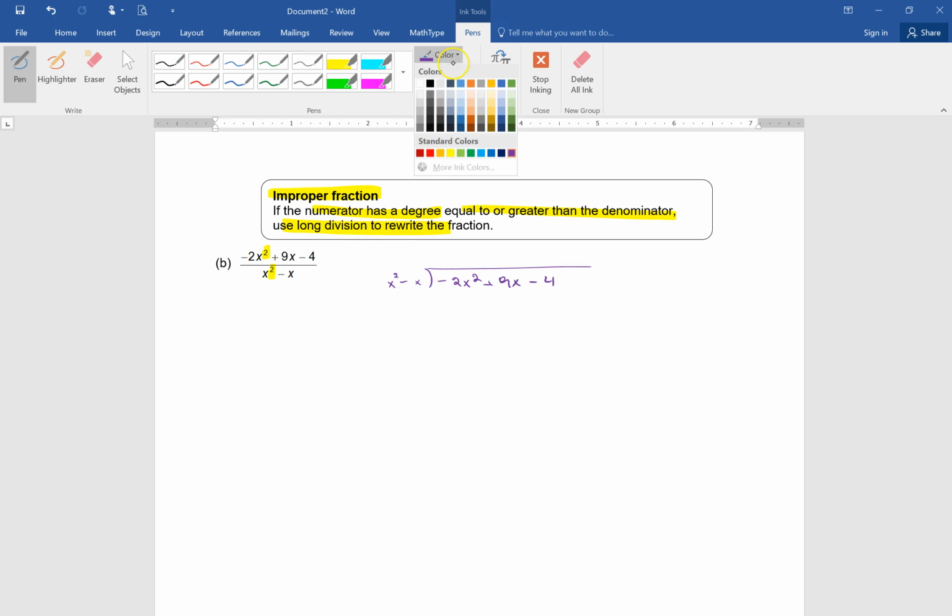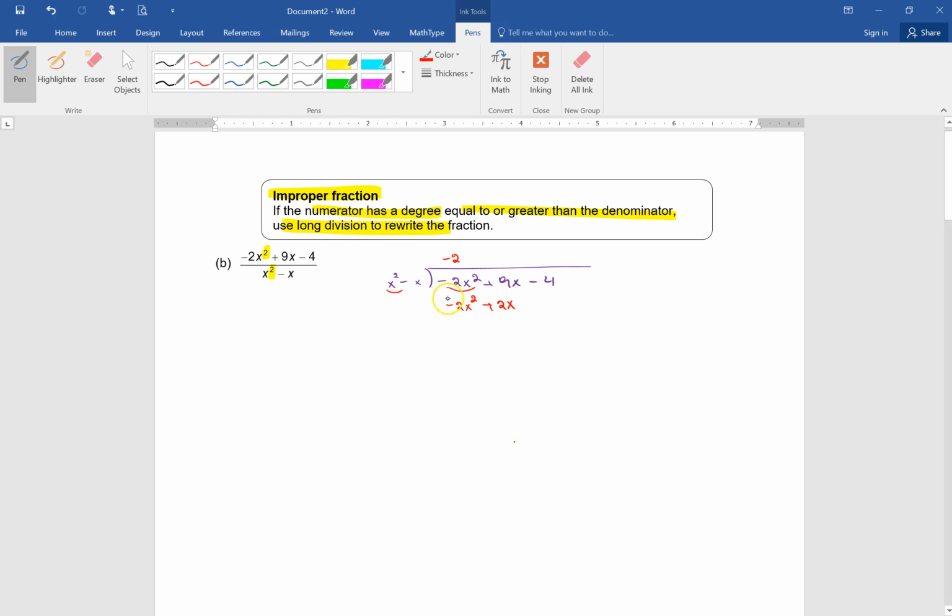So what we do is this. You take the first term here and the first term here, and you divide them. Negative 2x squared over x squared is negative 2. Now you multiply the entire divisor here by negative 2. So you get negative 2x squared. Negative 2 times negative x is positive 2x.